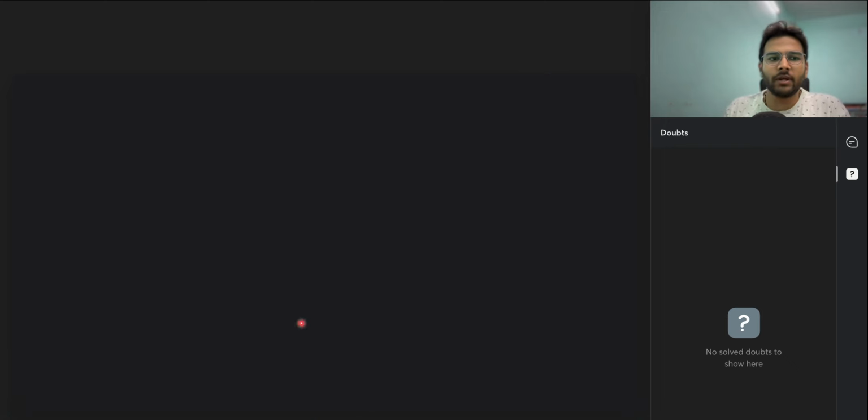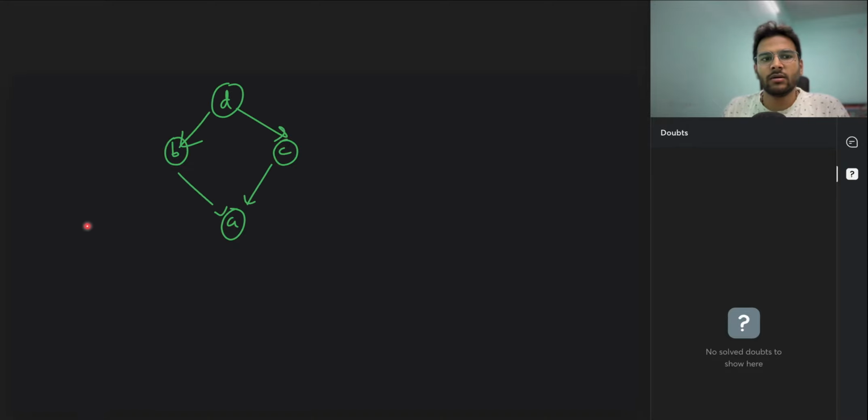Because what was happening when you are talking about likelihood weighting, let's say you have B here, C here, A here, something like this, and let's say you have D here. Now, this was the issue. Let's say the evidence is B, and you are calculating the probability of A given B and C. So in this case, D is independent.